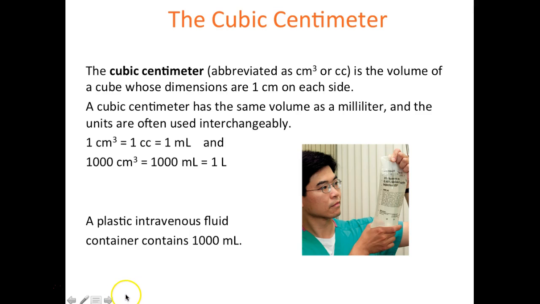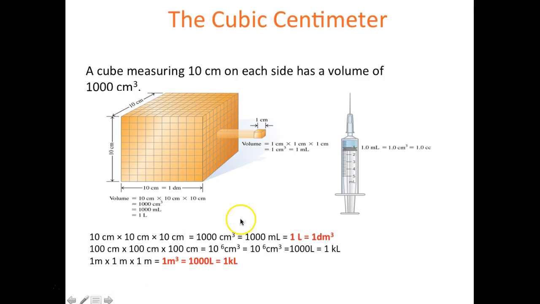Volume measurements can be related to length, in the sense that the liter and the milliliter are volume measurements, but 1 centimeter cubed is 1 mL. Therefore, if you multiply this by 1000, 1000 centimeter cubed, or 1000 cc, or 1000 mL, is 1 liter. So how are length and volume connected?